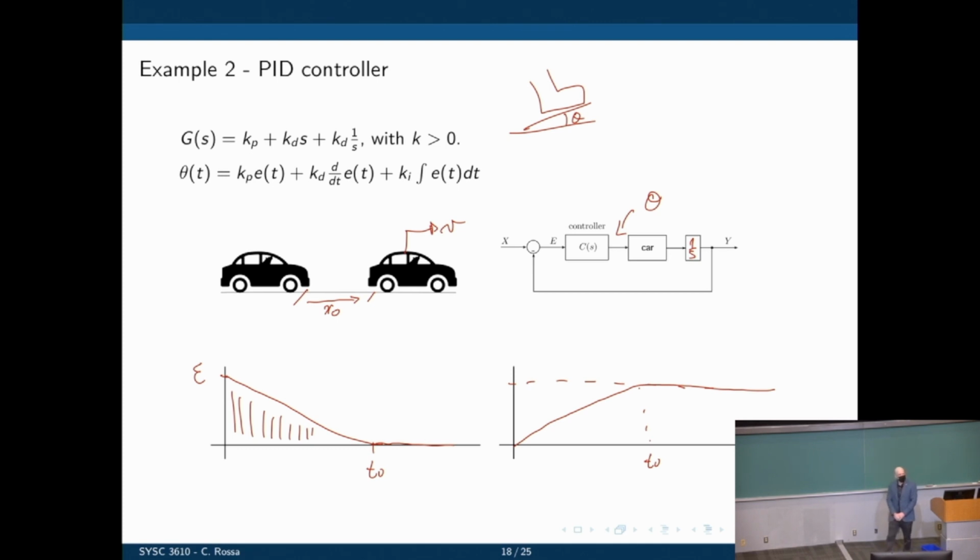So even when the error is 0, the control action is no longer 0. It's basically telling you, just hold the pedal at a constant position, at a non-zero constant position, and that will make you follow the other car with 0 error. That's the idea. Okay. Same as the mass spring damper system before.